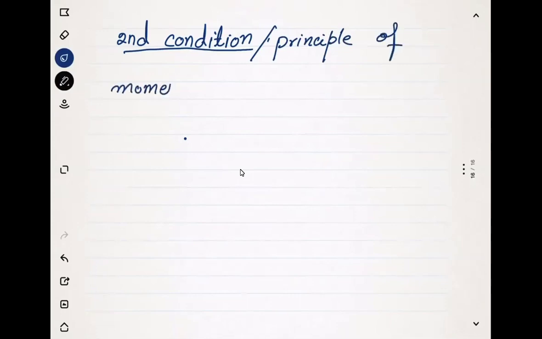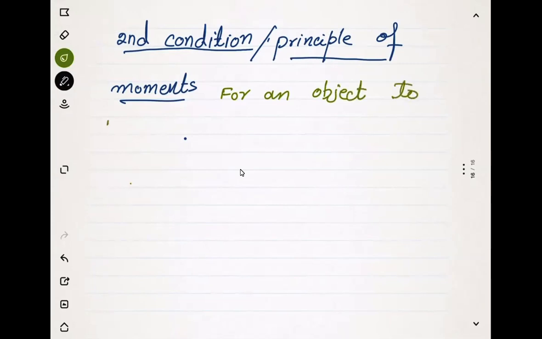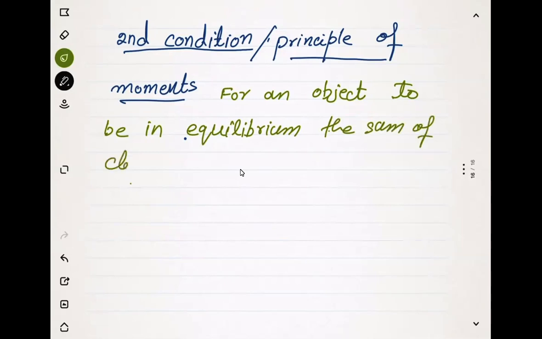This condition states that for an object to be in equilibrium, the sum of clockwise moments... Now, moments are calculated about a point.